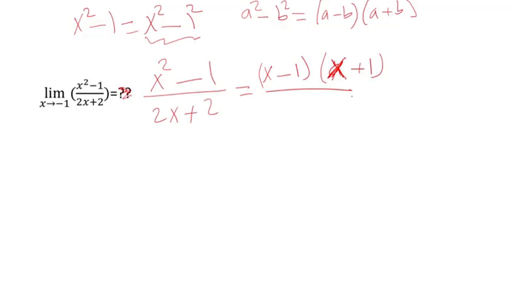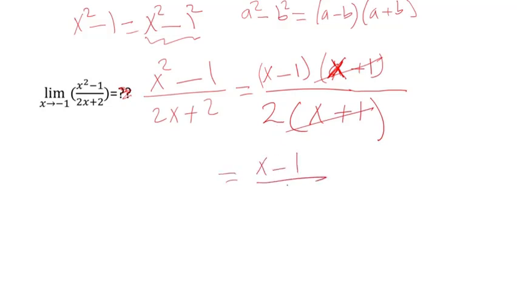So it's very important to know those identities. In the denominator I see that 2 is common, so 2 times x plus 1. Notice x plus 1 is common, so I can get rid of it. Then I end up with x minus 1 divided by 2.